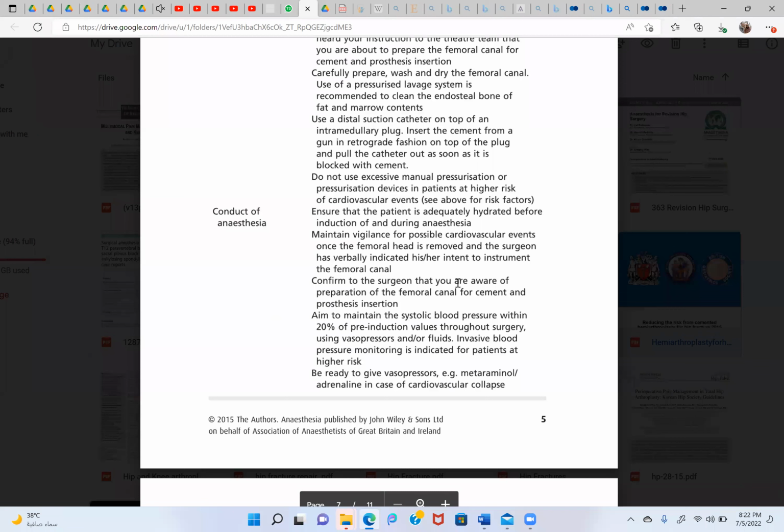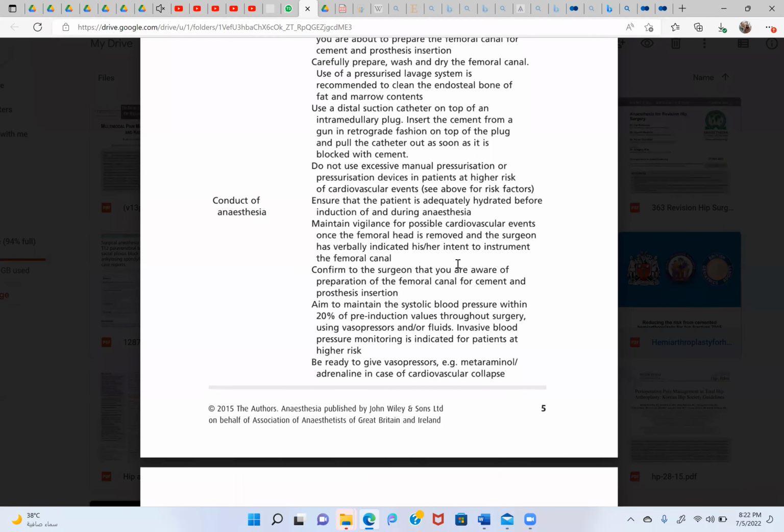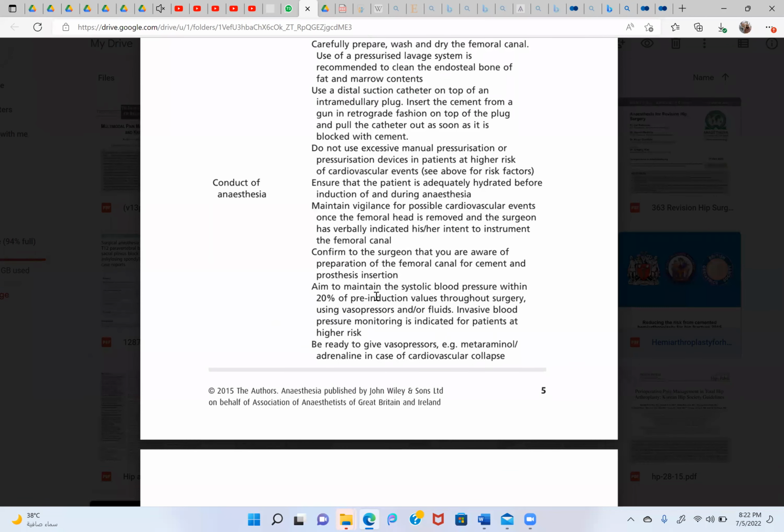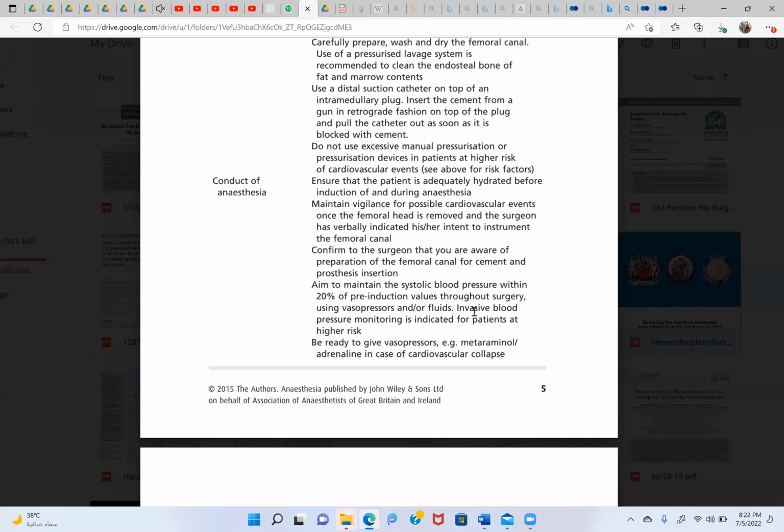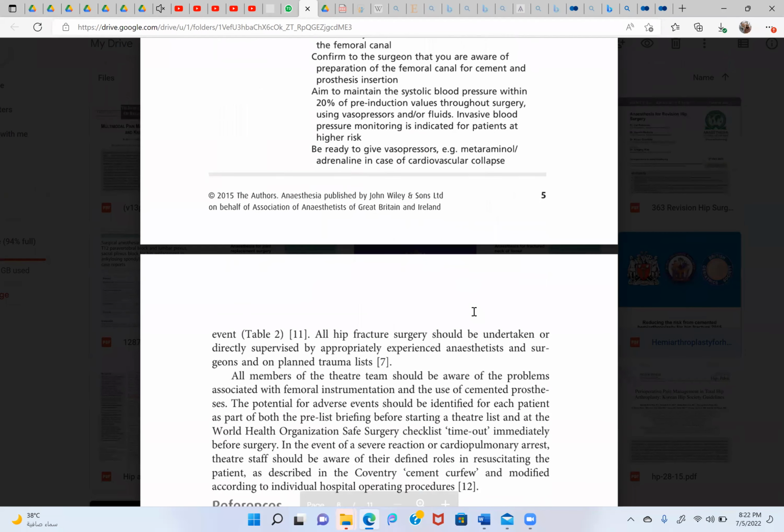Once the femoral head is removed and the surgeon has verbally indicated to instrument the femoral canal, confirm to the surgeon that you are aware. They are giving the guidelines. So the take-home summary from this source is that you have to communicate, you have to optimize the patient before they are doing it, and maybe you can attach some vasopressor.